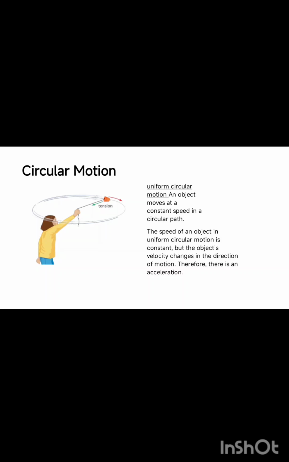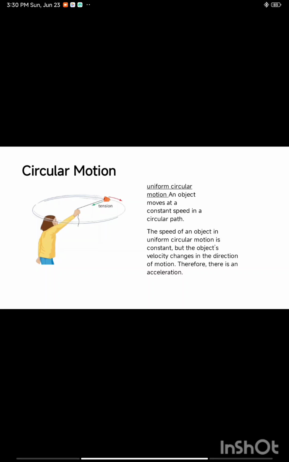It depends upon the magnitude only, whereas velocity is a vector quantity. It has a magnitude plus direction. So even if the velocity has a constant magnitude, if it is moving in a circular path, it will have different velocity directions.